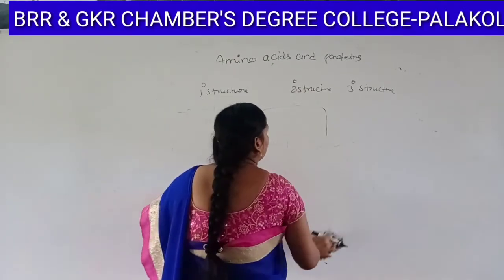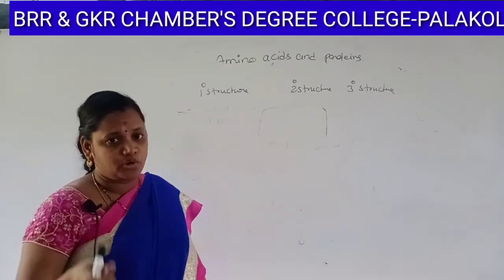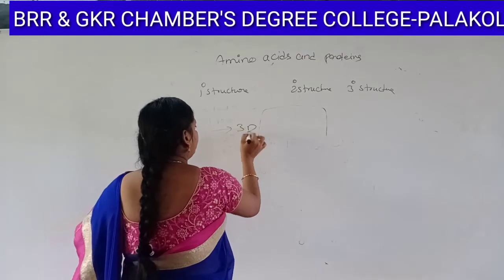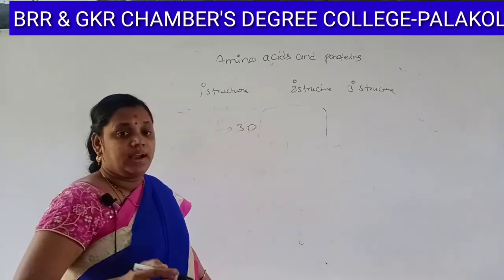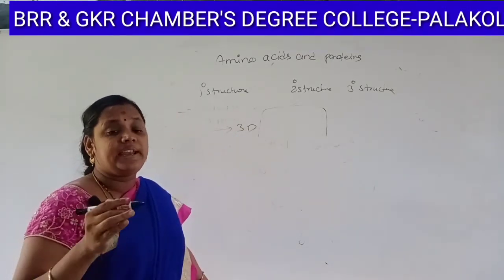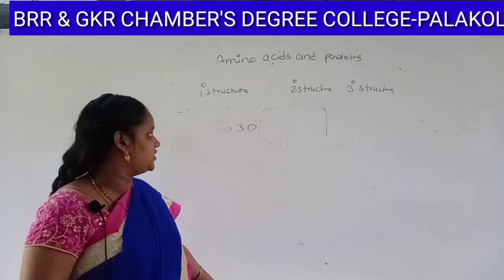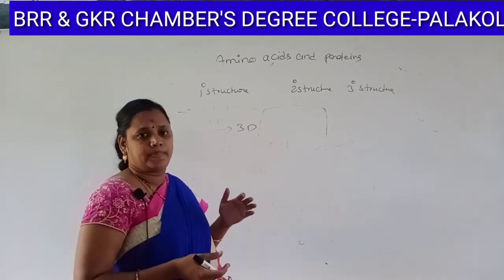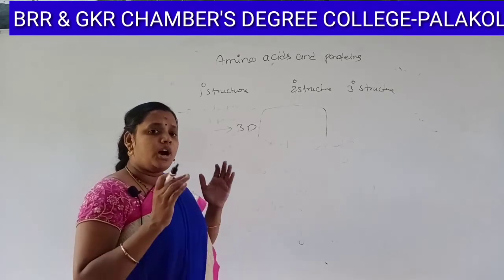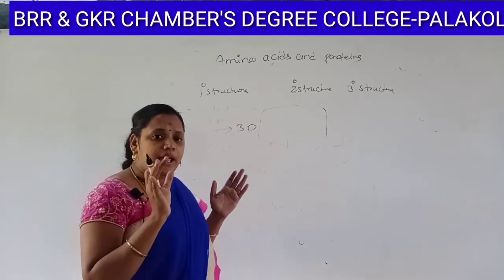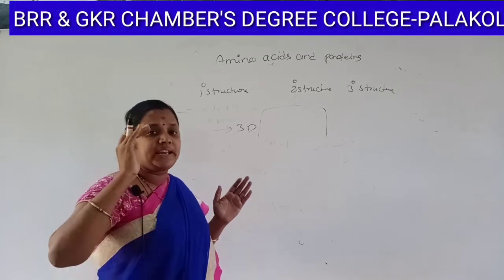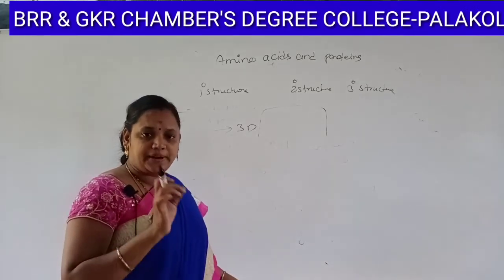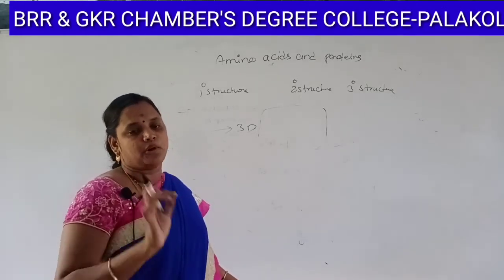Okay students, coming to the tertiary structure of proteins, the tertiary structure has a three-dimensional structure, students. They are formed in a more complex form. So the polar groups are in the exterior of the protein and the non-polar groups are present in the interior lobe of the protein.